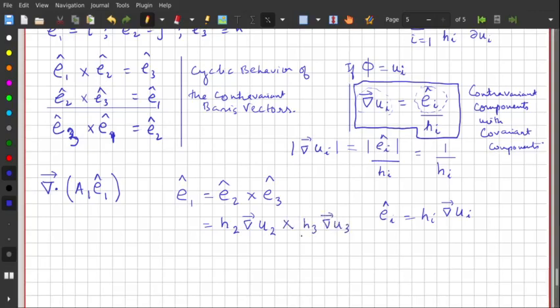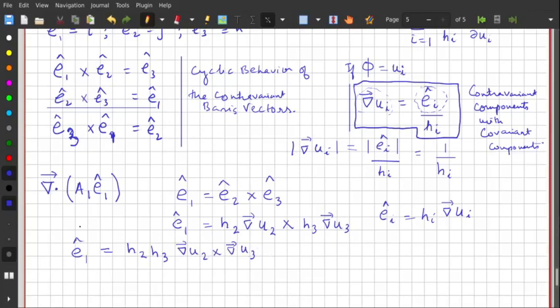So the e1 vector becomes h2 h3, the scale factors, multiplied by grad of u2 cross product grad of u3.